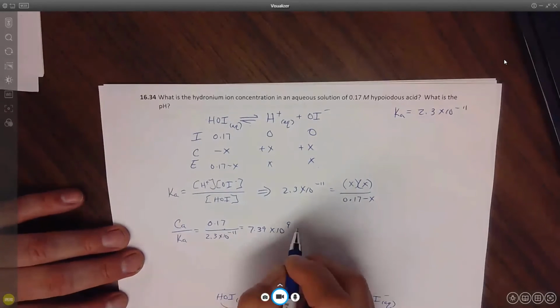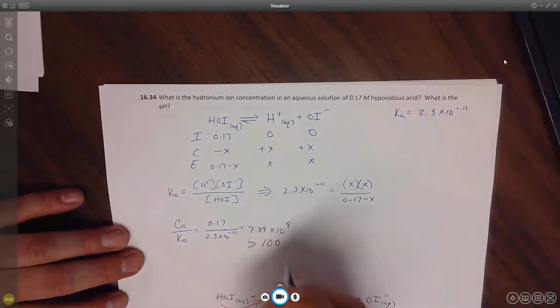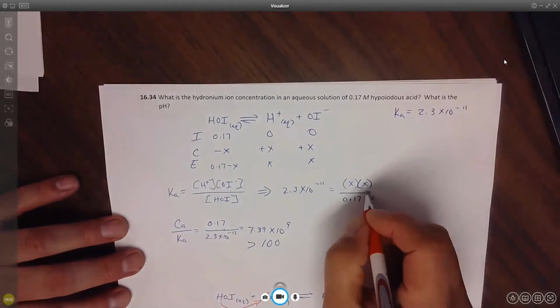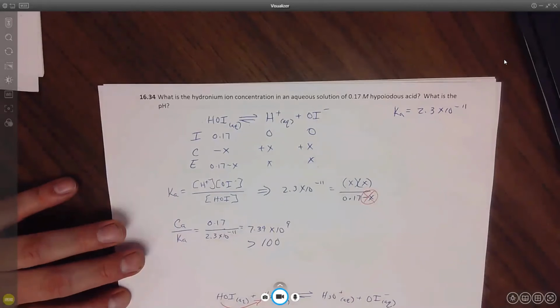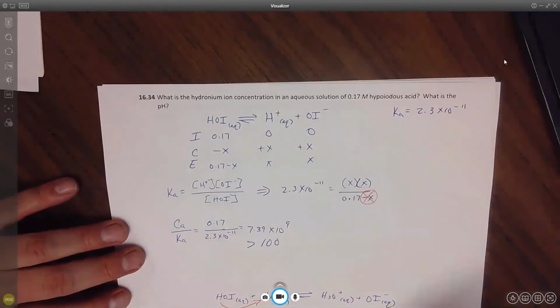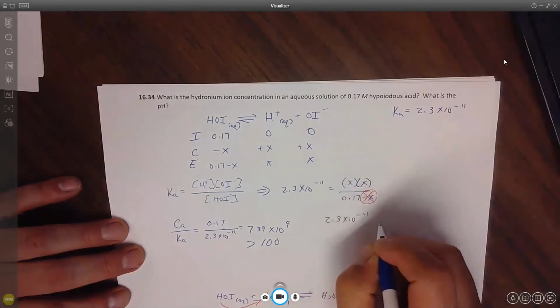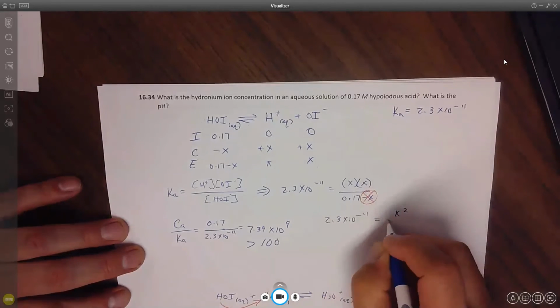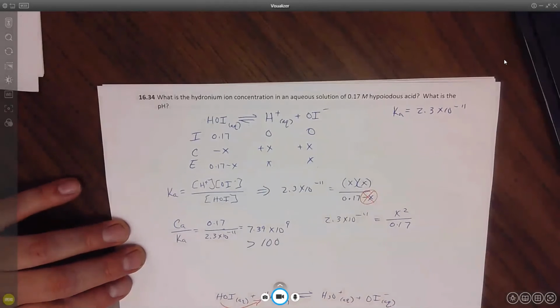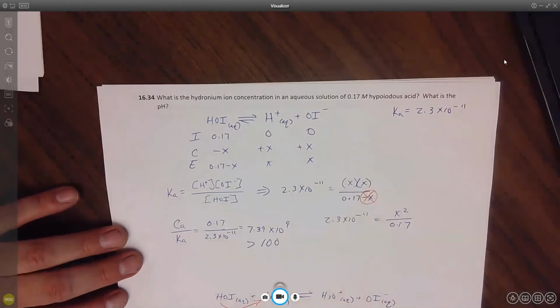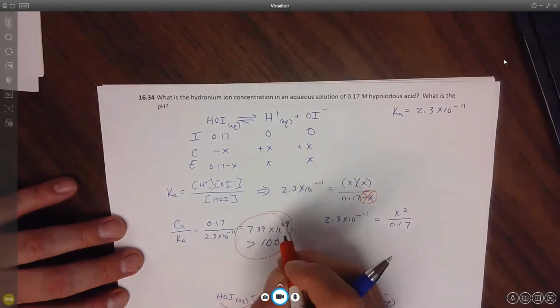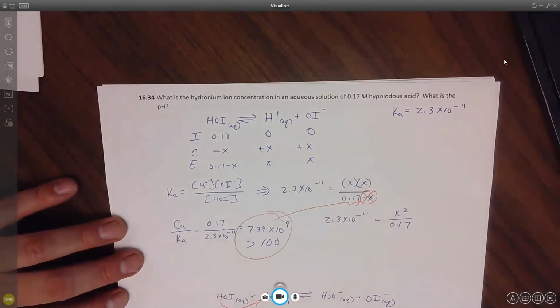That is definitely greater than 100. Means we can ignore this minus x term. So now that leaves me with 2.3 times 10 to the negative 11 is equal to x squared over 0.17. So again, this allowed us to ignore that x value.